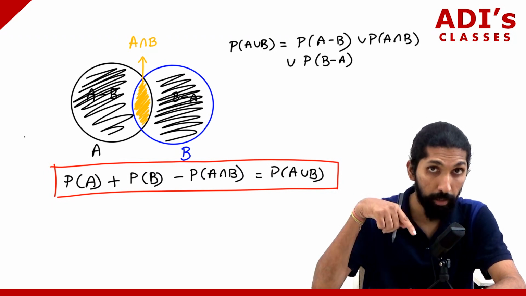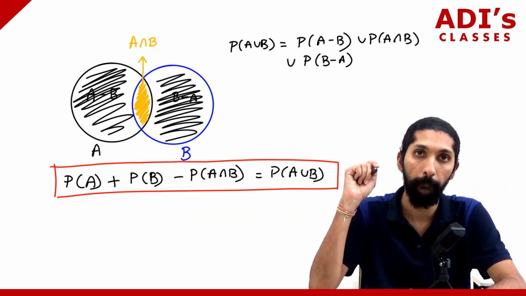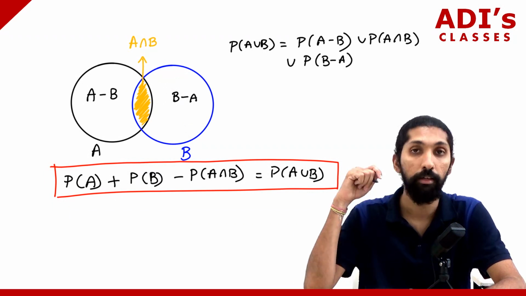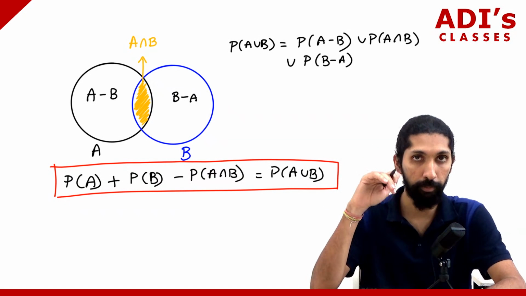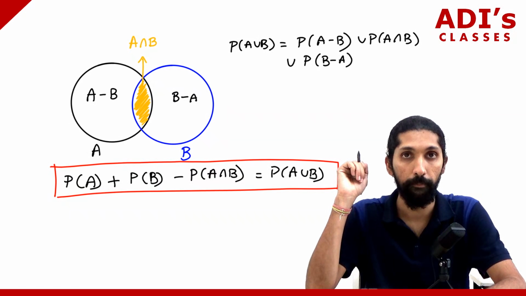That's why A minus B, union intersection, union B minus A. So there are two formulas. The first formula, P of A plus P of B minus P of A intersection B, is the most commonly used formula.